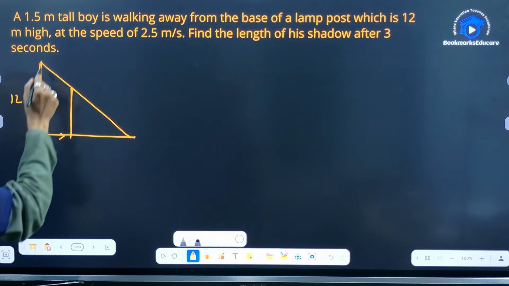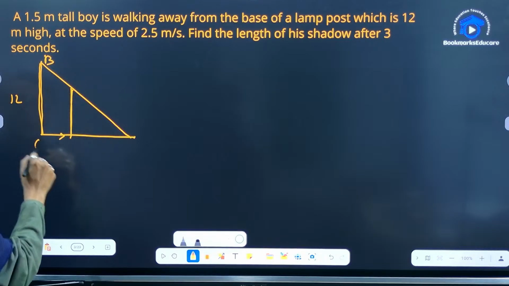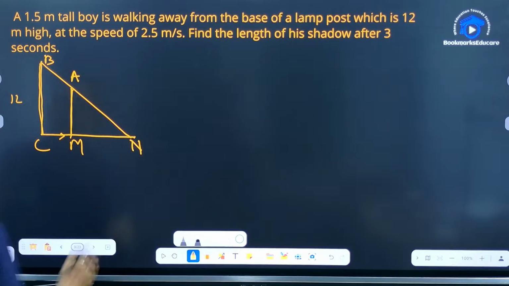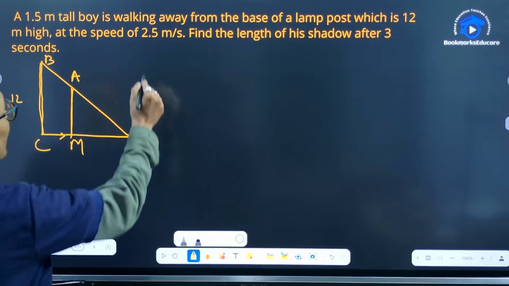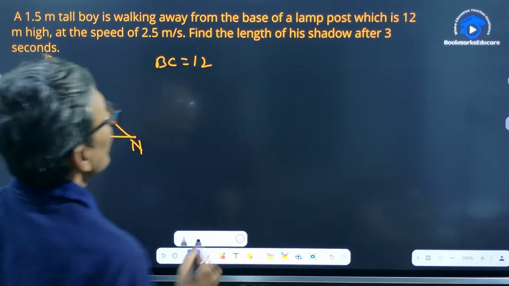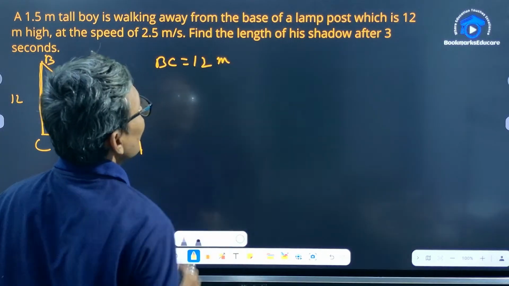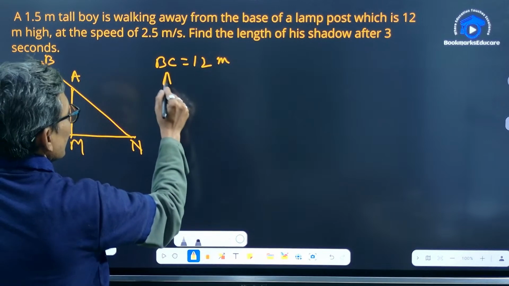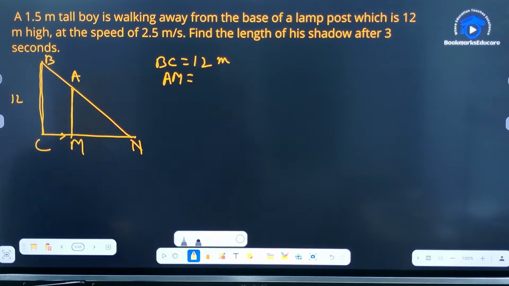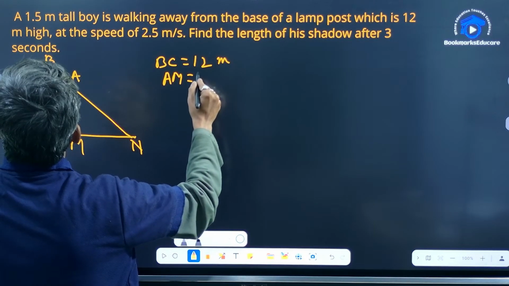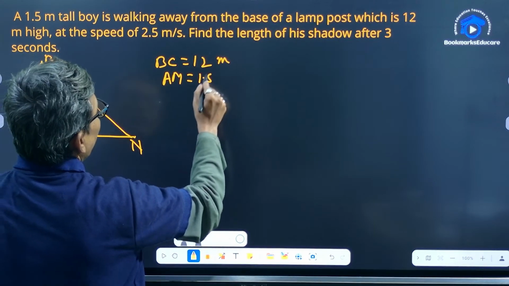So B, C, A, M, N. Let us assume BC is the height of the lamp post, so BC is equal to 12 meter, and AM is the height of the boy, who is 1.5 meter tall.